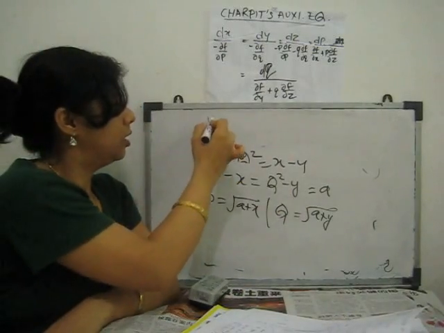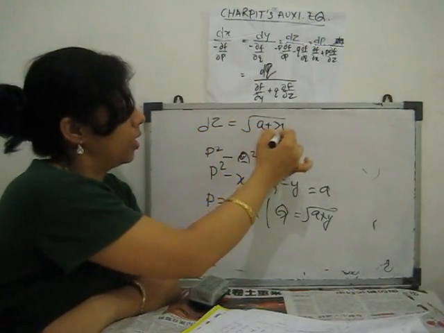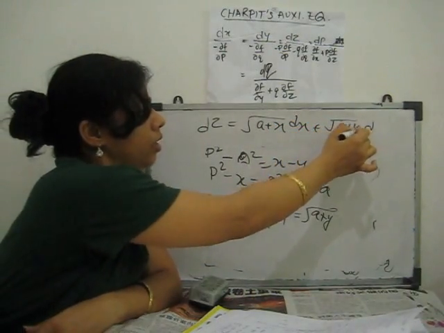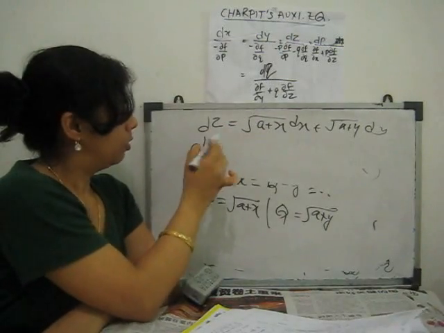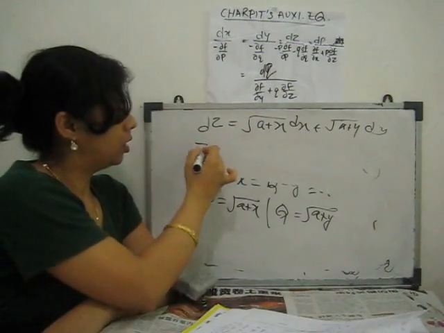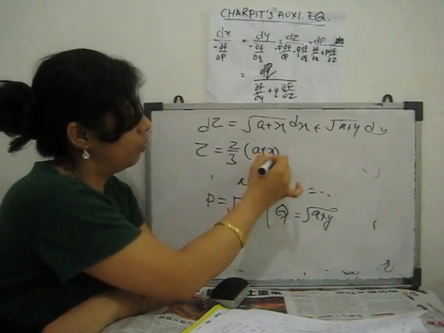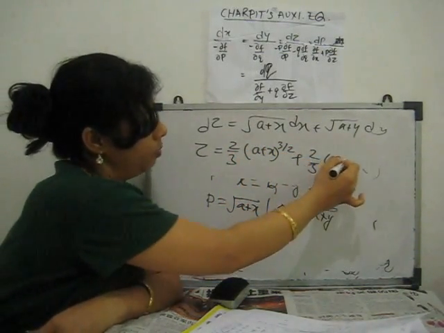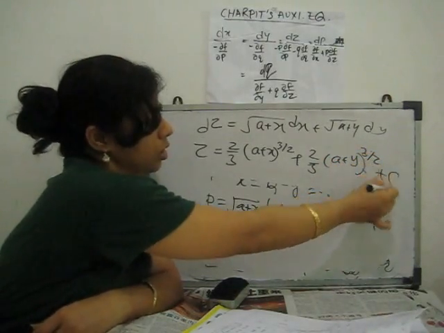What is our dZ equal to? Square root of a plus x dx plus square root of a plus y dy. Same like the previous question, we integrate. What is our Z? Z is 2 by 3 of a plus x to the power 3 by 2 plus 2 by 3 of a plus y to the power 3 by 2 plus c.